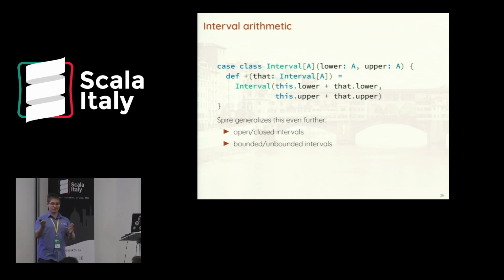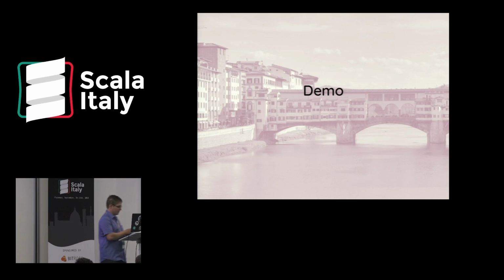Is 10 in the range or is it not? Same for 5. It could be just in between 5 and 10, or it could be from 5 to 10. So you can do the distinction, is it open or closed, and also it can be bounded or unbounded. So for example, you could have an interval that says 5 up until infinity. And then you can just deal with that. Spire gives you all the tools to deal with that.